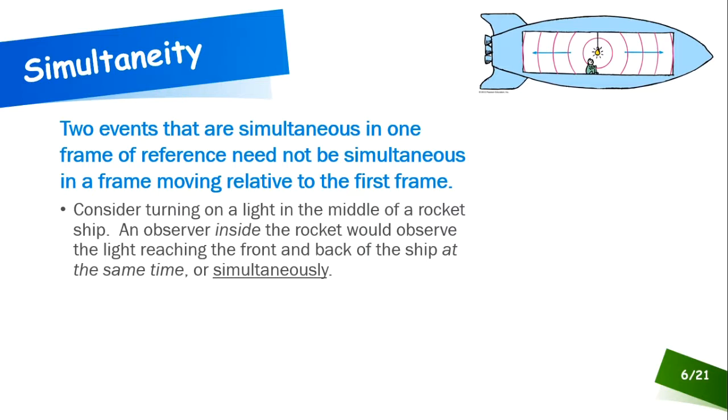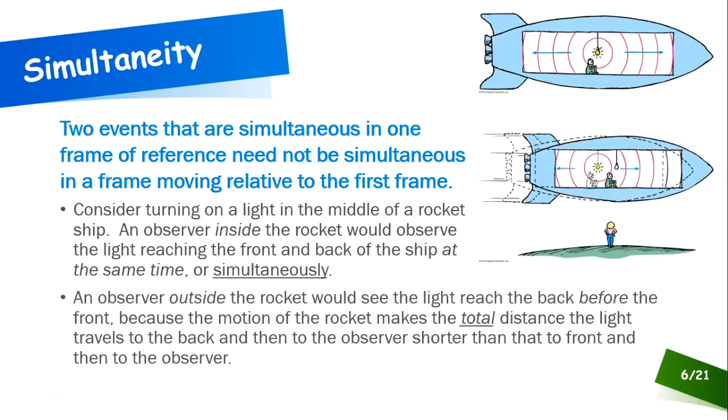And then the reflection from the inside of the ship will come back to meet the eye of the observer there with the light bulb. And the light that came from the back of the ship and the light that comes from the front of the ship will reach the eyes of the observer at the same time, or simultaneously.